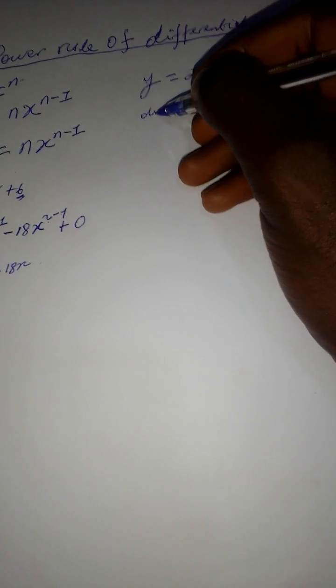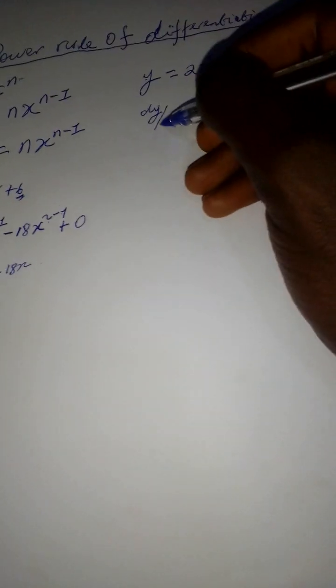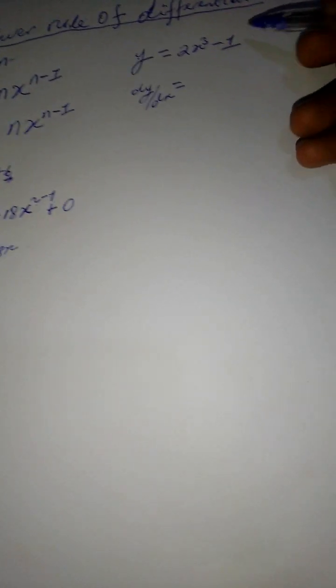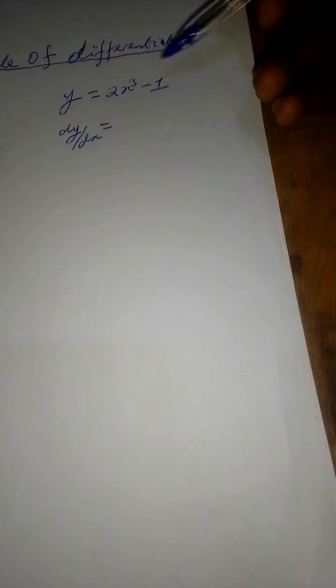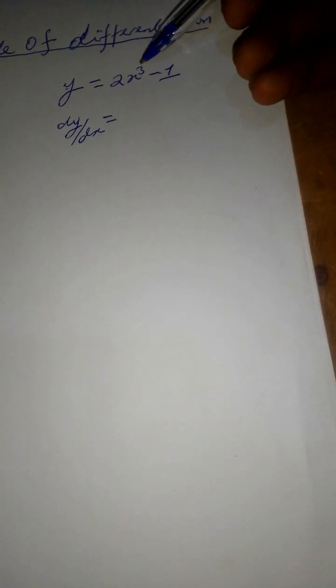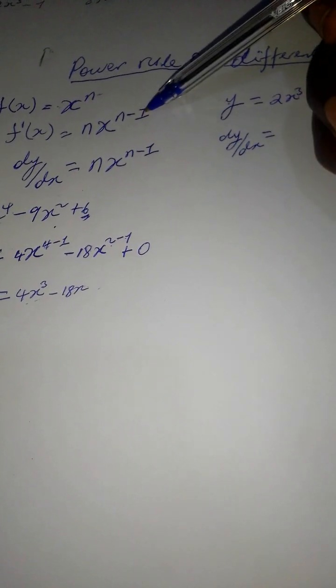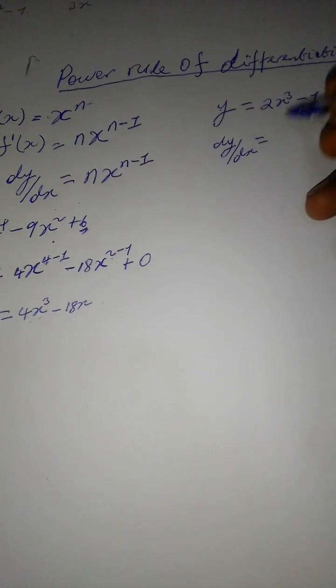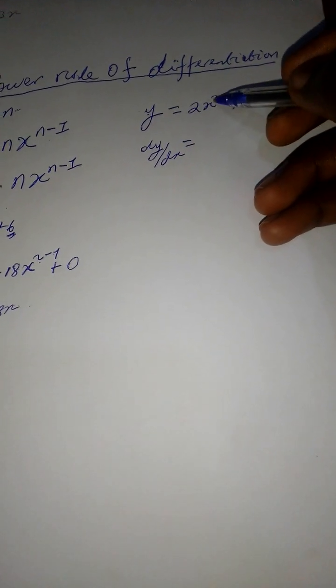Since we are differentiating with respect to x, it will be dy/dx equals to. Now look at what we have here. We have 2x cubed. So the power rule tells us that we will minus 1 from the power and multiply by the power. So what we will do is we will multiply by 3.